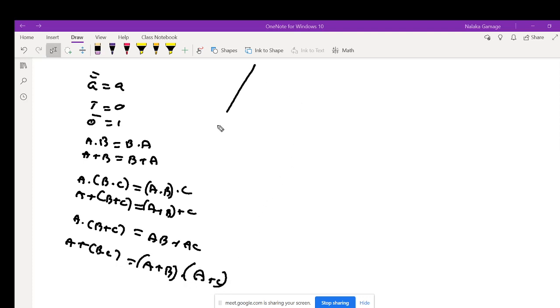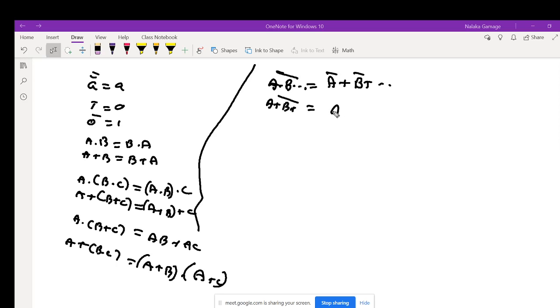Then you have the De Morgan's laws: the bar of A dot B dot whatever is A bar plus B bar plus, and the dual of it, the bar of A plus B plus is A bar dot B bar dot.